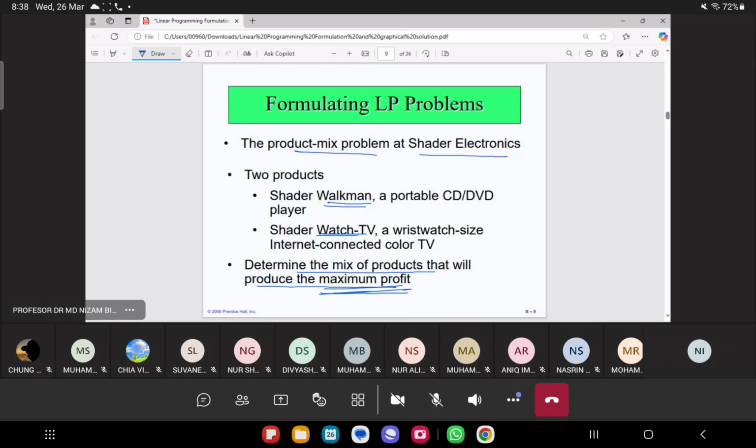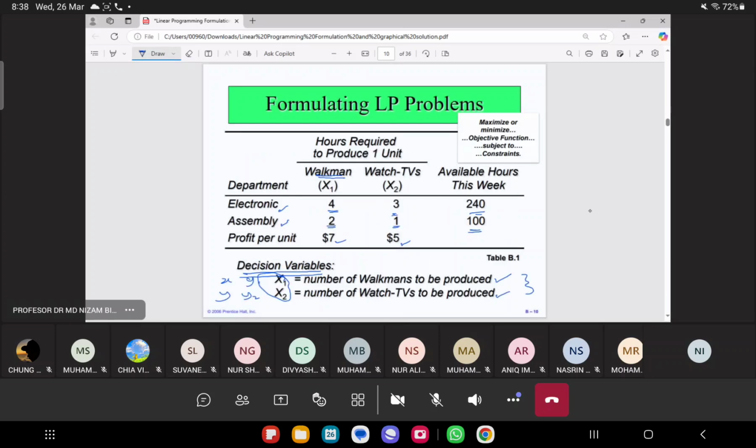Just now we decided that the decision variables are x1 and x2, where x1 represents Walkman and x2 represents Watch TV. The objective function is basically a mathematical equation to calculate the profit. For this particular case, it's given that for every single Walkman you make $7 profit, and for every single Watch TV you make $5 in profit.